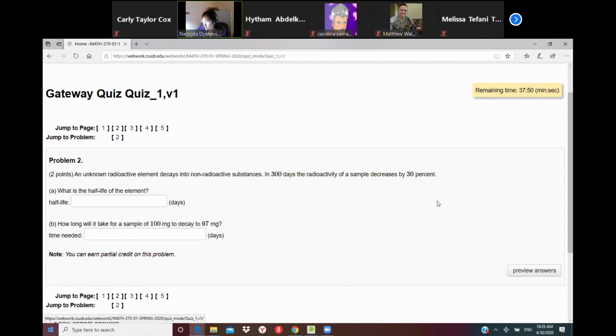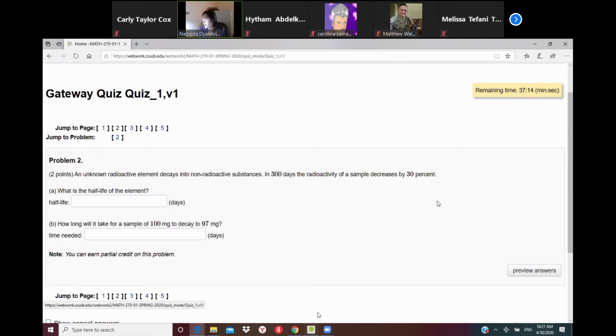So we had some initial P sub 0, and we're told that P of 300 days is 30%, so it's 0.3 times P sub 0. Am I correct? And our question is, what is the half-life of the element? Find T 1/2, half-life.